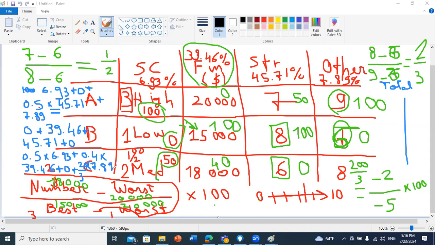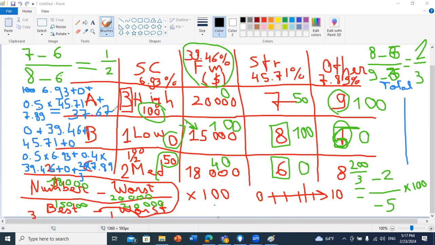So you have first for A: 6.93 plus 0.5 times 45.71 plus 7.89. So the score for the first option is 37.675.